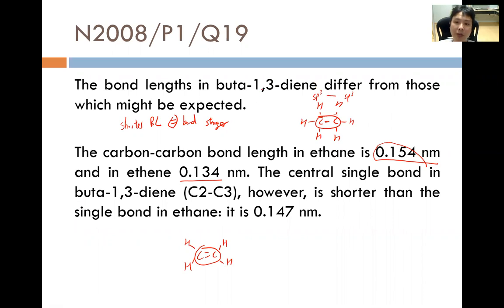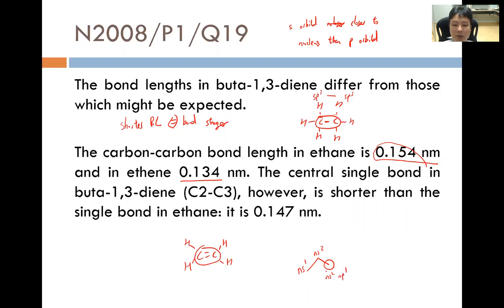So what's the difference? Remember when we studied ionization energies, we said that the s orbital is closer to the nucleus than the p orbital. That's the reason for the anomaly in ionization energy, whereby one configuration is ns1, ns2, and the other is ns2, np1.